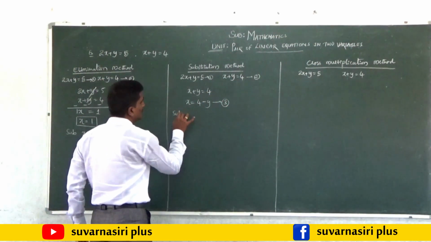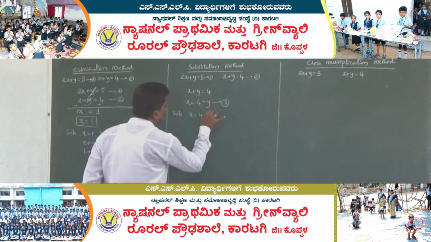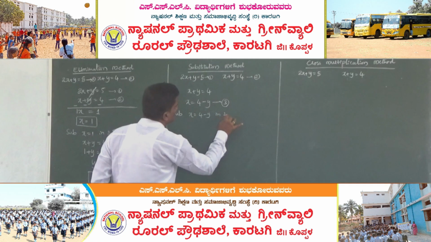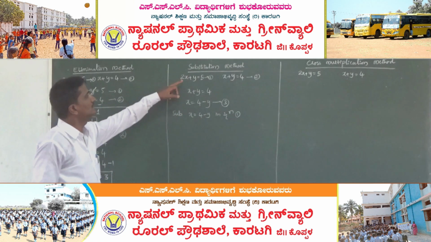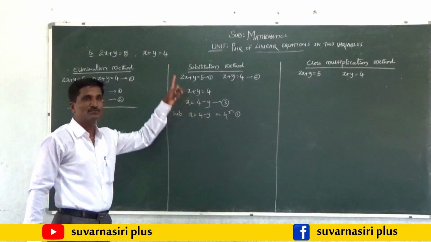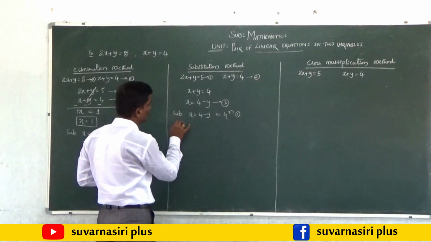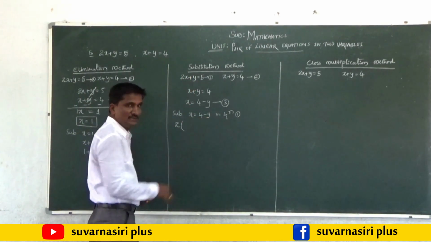Substitute x is equal to 4 minus y in equation number 1. Where the x variable is there, in that place you have to substitute 4 minus y. 2 into x, where x is 4 minus y.